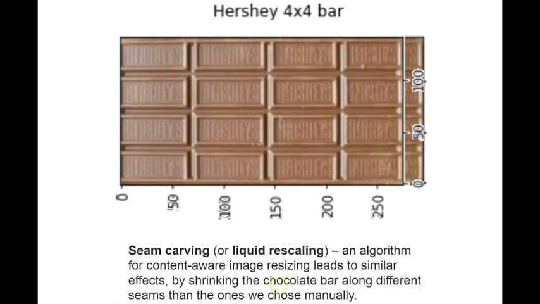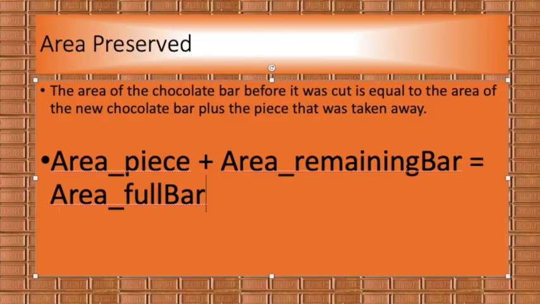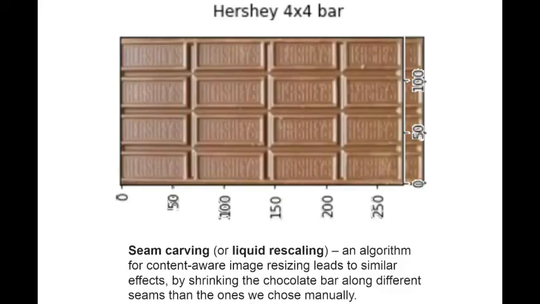So overall, what we have learned about is this idea that area is always preserved. Whereas appearance can be maintained by appropriate carving out of regions of a two-dimensional image that are going to be missed the least.